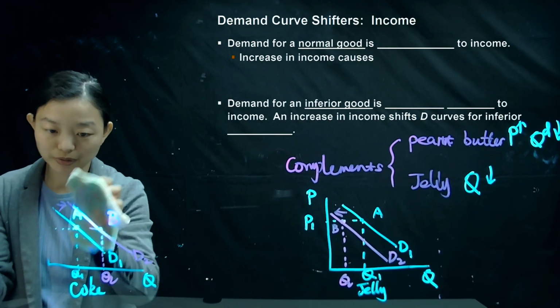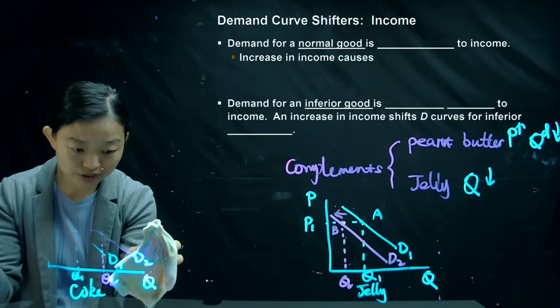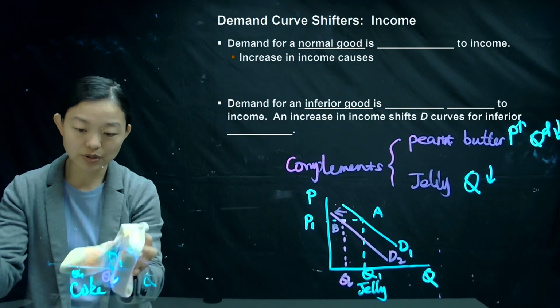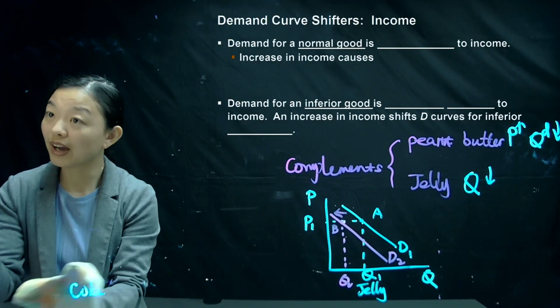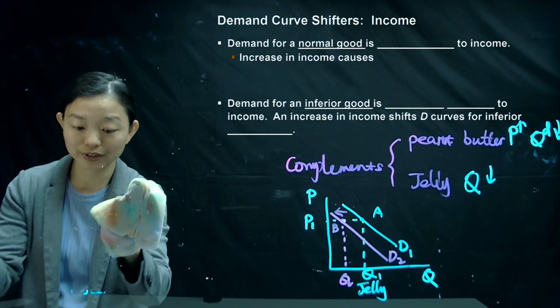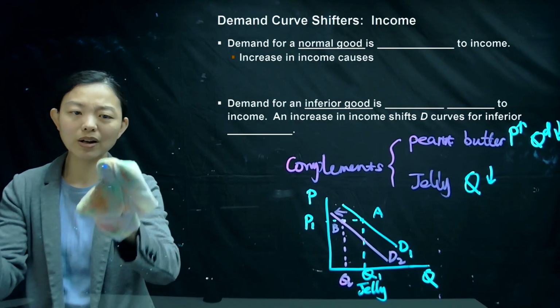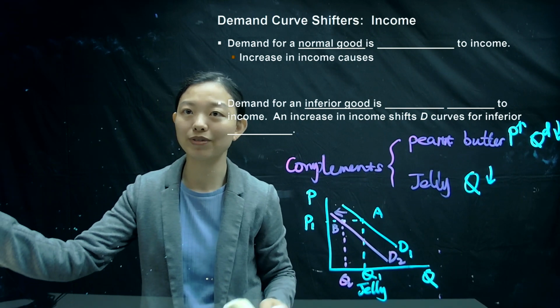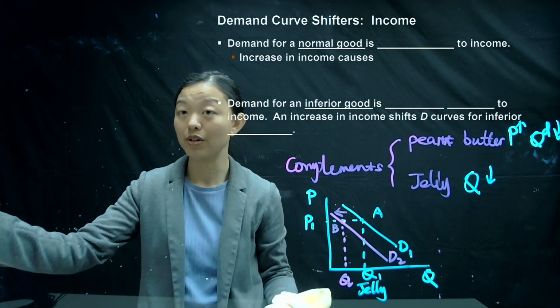There is another type of product, inferior goods. What does inferior good mean? Inferior goods means you have more income, however, you consume fewer of those products. One of the typical inferior goods would be frozen pizza or potatoes.